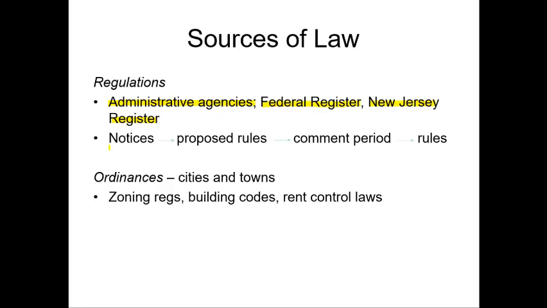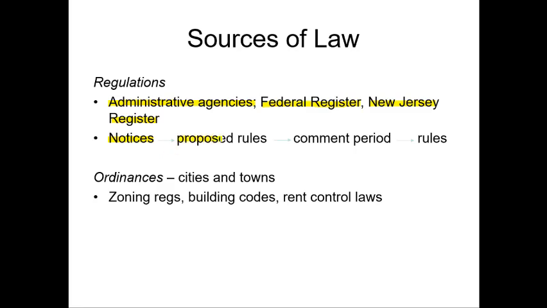It goes through a long process in order to get a rule or a regulation approved by government. You start off with the notices. We have meetings coming up. We have the announcement as far as some situation that needs to be addressed.